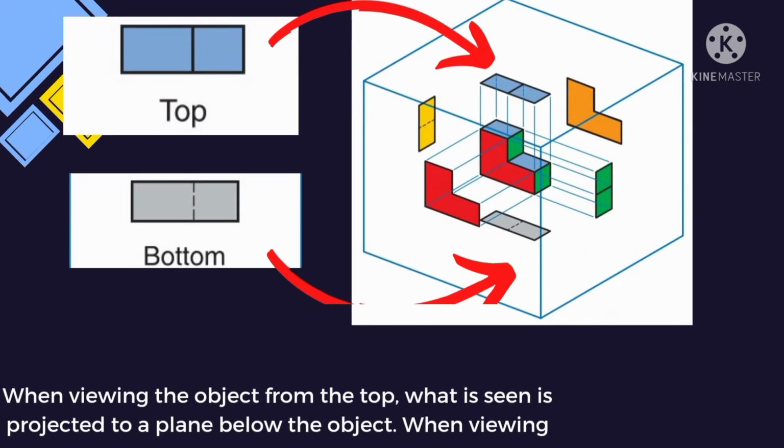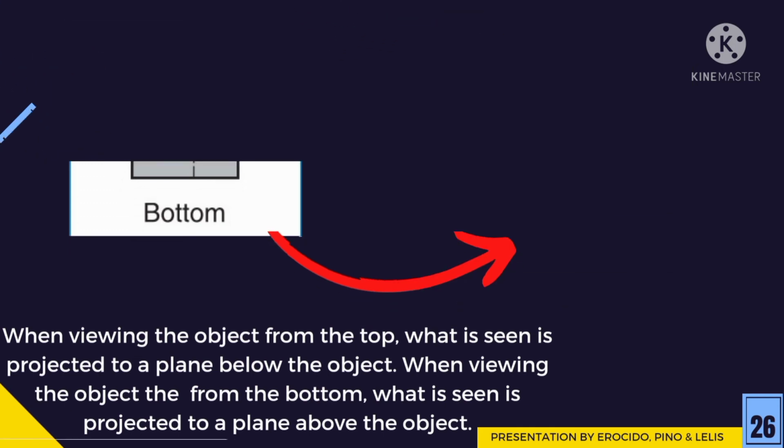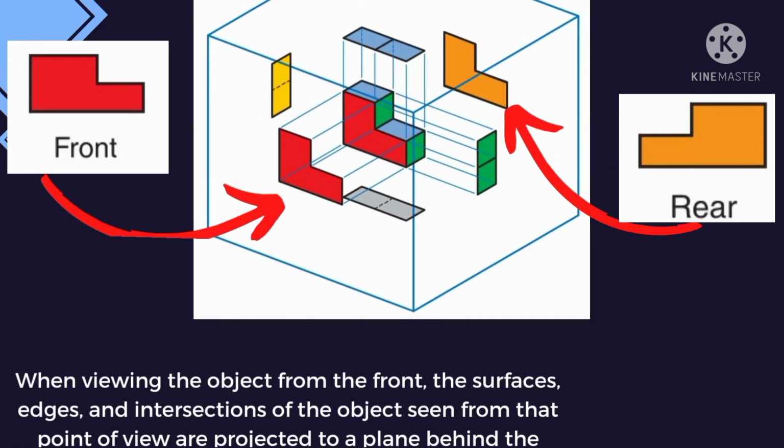The top and the bottom. When viewing the object from the top, what is seen is projected to a plane below the object. Viewing the object from the bottom, what is seen is projected to a plane above the object. Front and rear view.